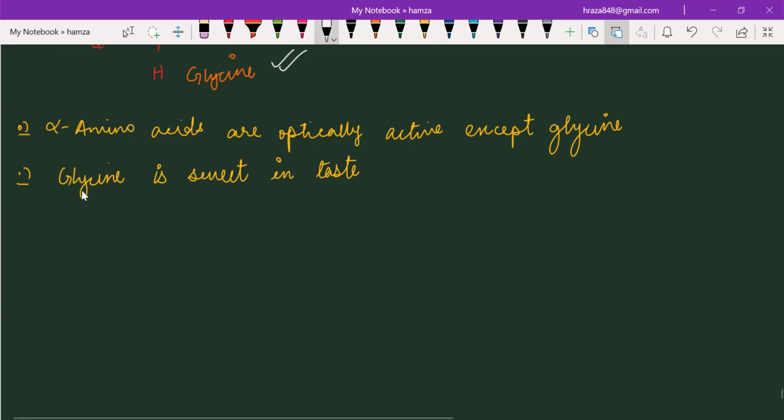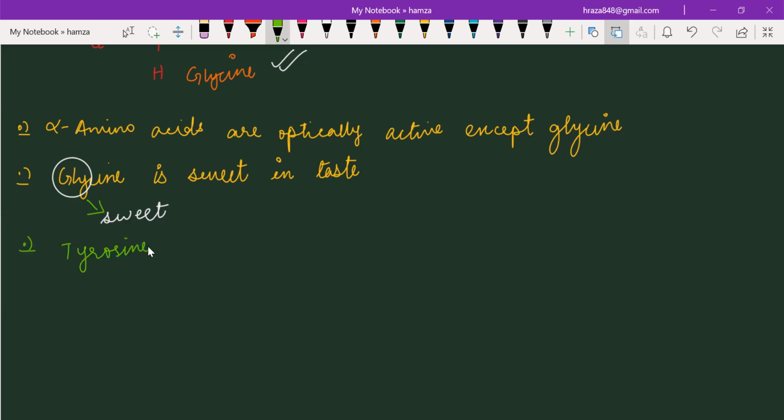Here you can see this GLY means sweet. Now the next point we can write.